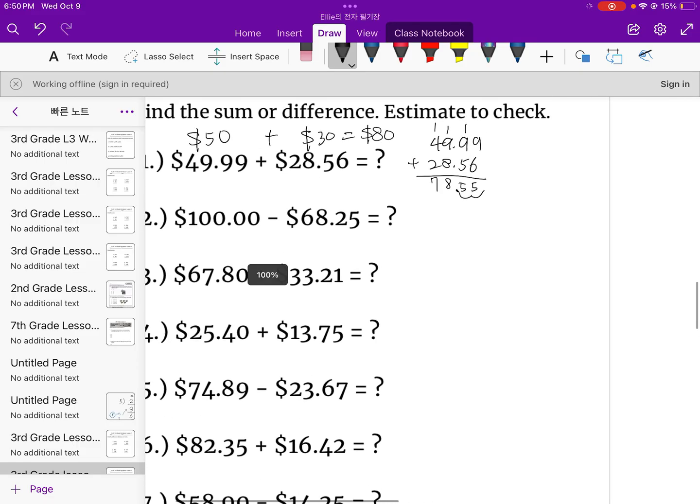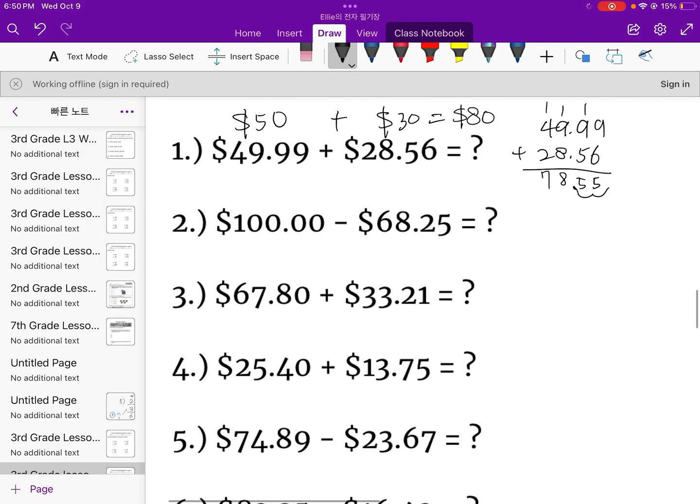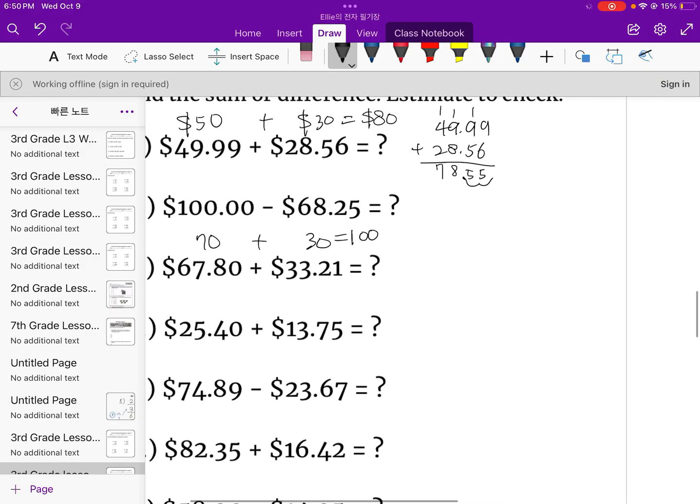For number 3, we have 67.80 plus 33.21. So we're just gonna estimate $70. And this is $30. And I'll say it's $100 estimated. So we just got it right now. 0 plus 1 is 1. 8 plus 2 is 10.